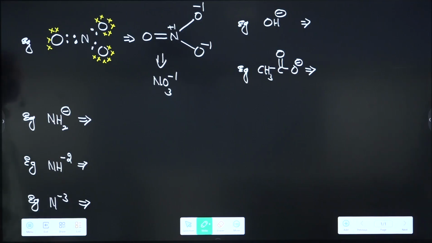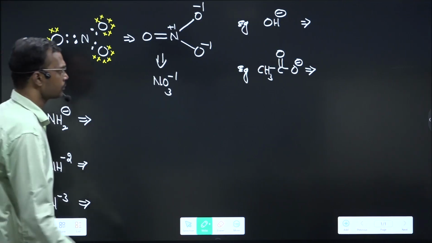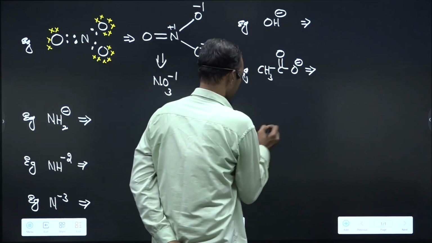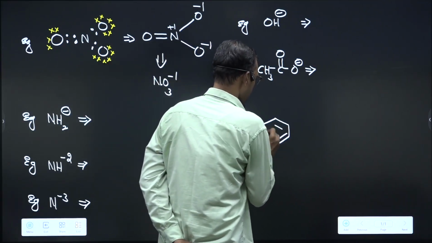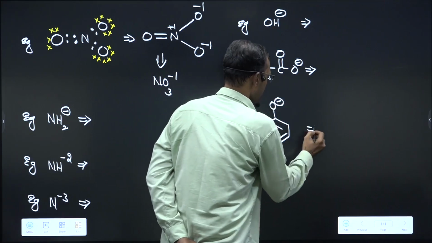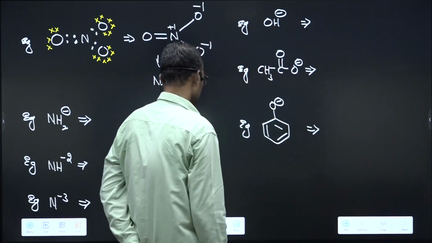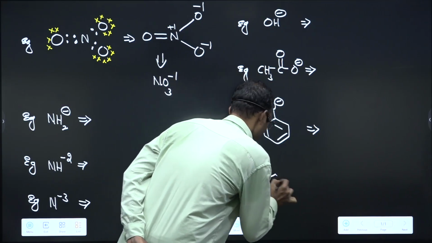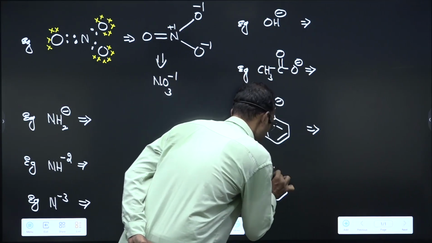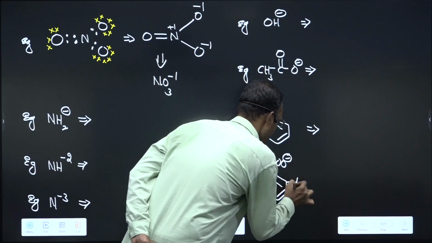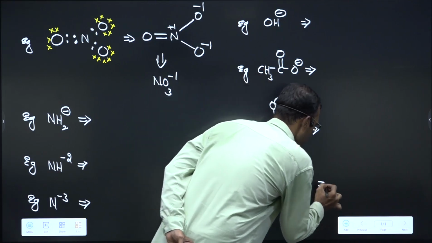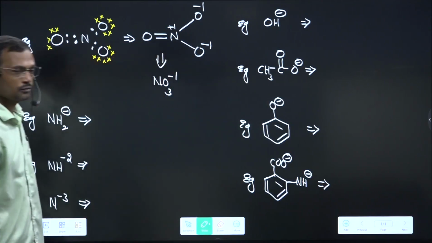Carboxyl cation, this one. Write down the Lewis dot structures of the atoms.